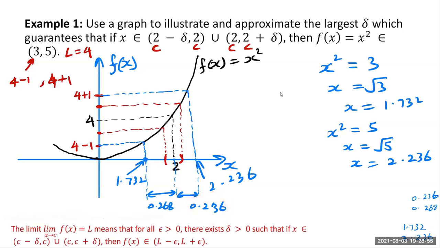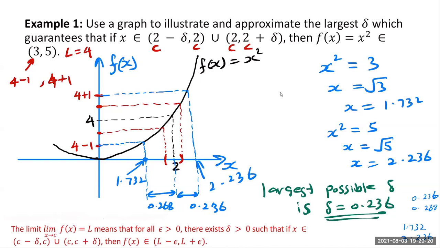That will ensure that I am inside this big interval. So the largest possible delta in this case is equal to 0.236. That's the largest possible delta.